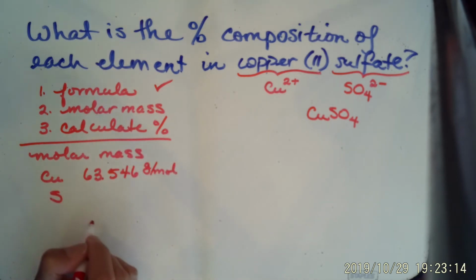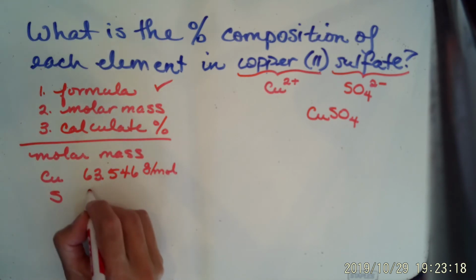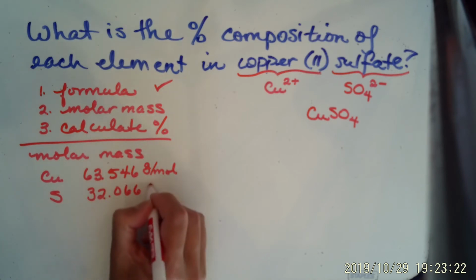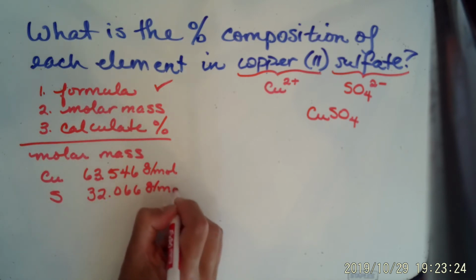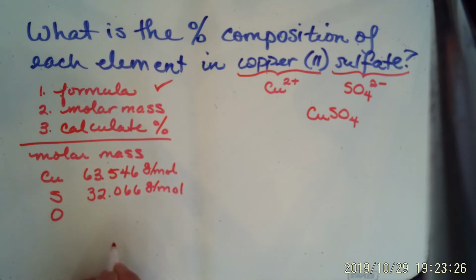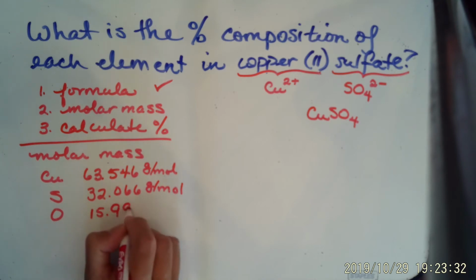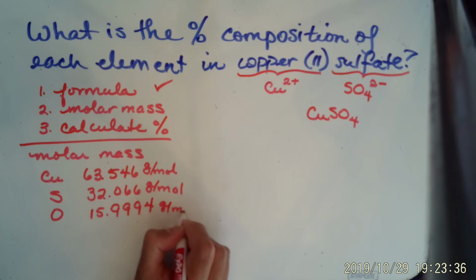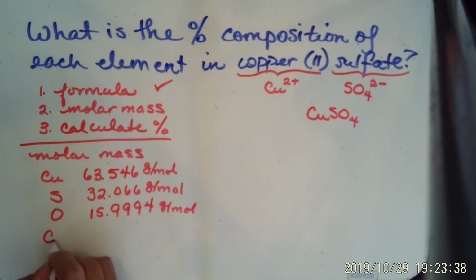Sulfur, look that up, it's going to be 32.066 grams per mole. And the oxygen should be 15.9994 grams per mole.